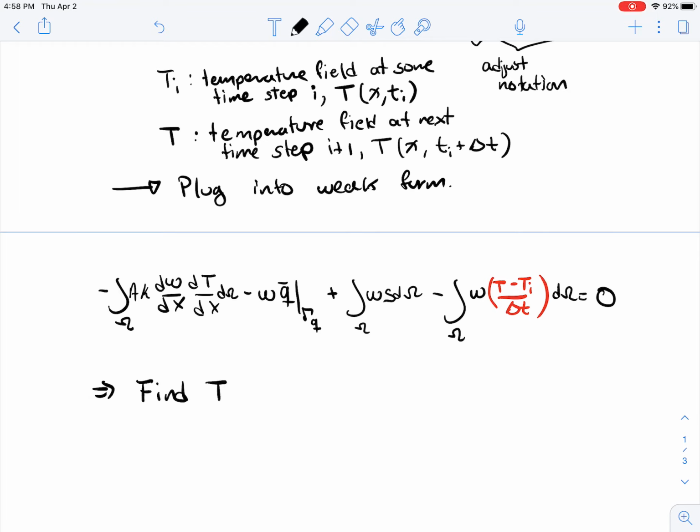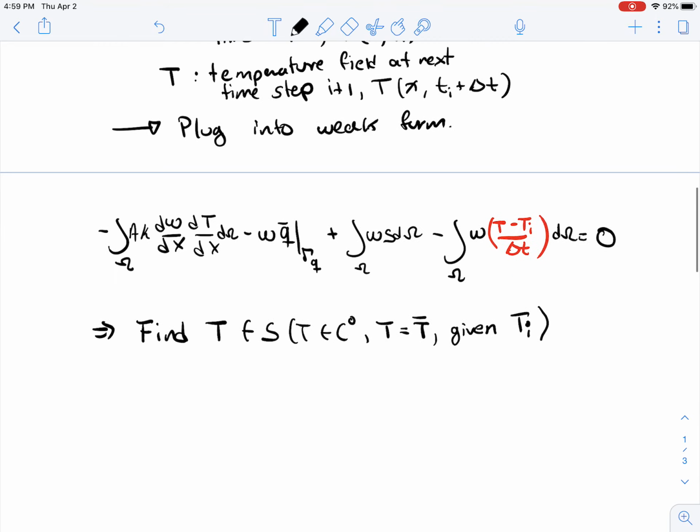And so my problem is going to be: find the temperature. Obviously I'm going to define some space. I want temperatures which are C0 over omega, so the piece of the real line, with the temperature satisfying the temperature boundary conditions, right? And then also I want, given the temperature at the previous time step, the temperature at the next time step.